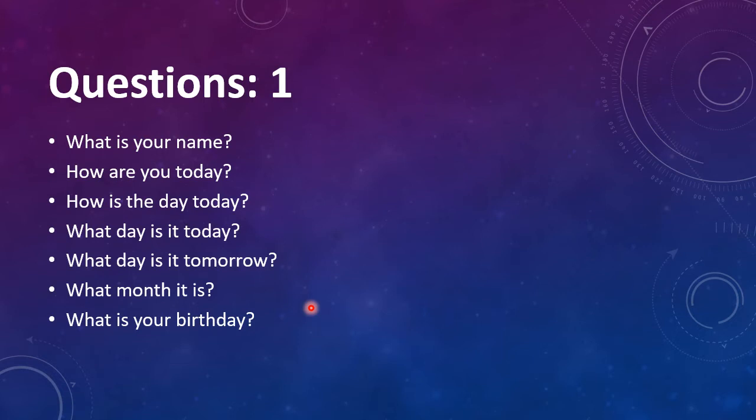So if somebody says what's your birthday, you would say my birthday is on 25th of March. And if somebody asks what is your date of birth, then you have to answer in full. You could say my date of birth is 25th of March 1990. That's how you do it.